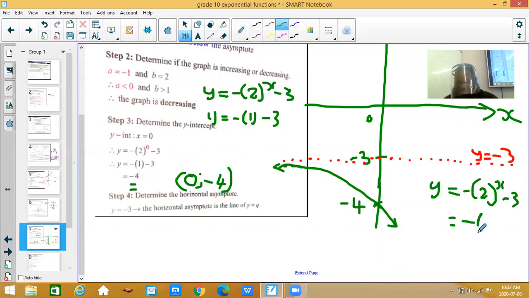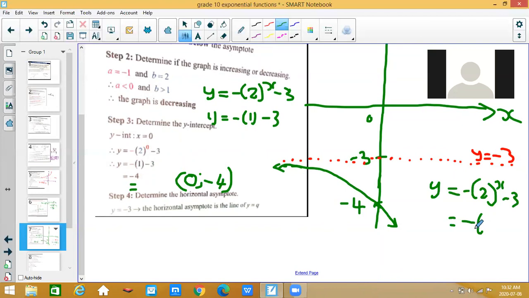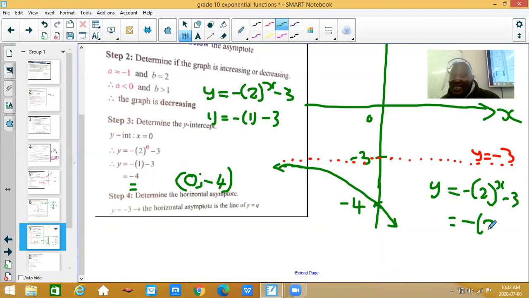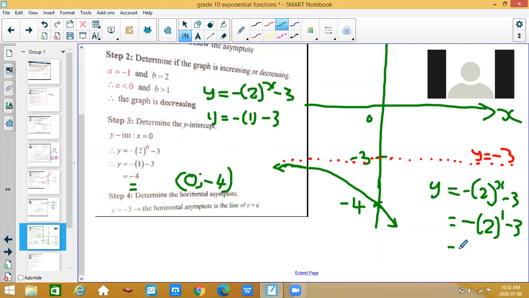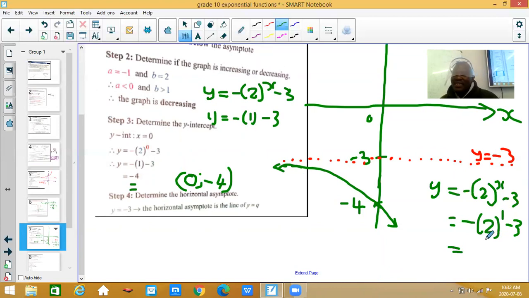Let us look, because if you are taking a simple number, like if x is 1, that one is simple. Right? We are saying 2 to the power 1, what does that give us? It's 2, right? 2 times negative 1, negative 2. If it is negative 2, negative 3, what do you get?